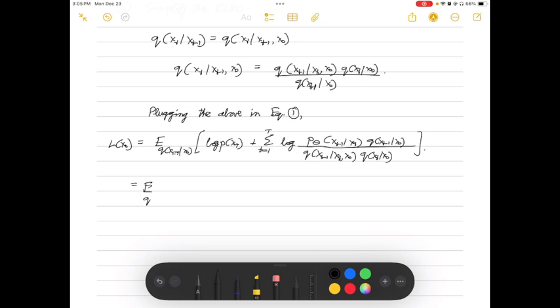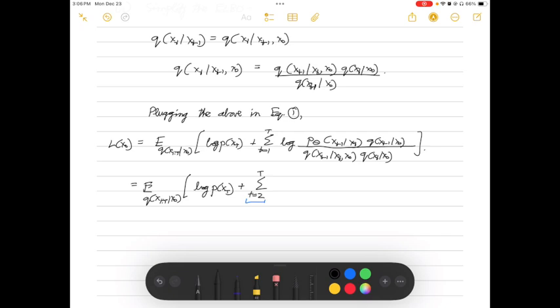So this is an expectation over q of x1 to T given x naught. We have the first term, log p of xT, which is unchanged. Now we're going to break this from t equals 2 to T time steps. That's the important bit, that we're going to be starting from t equals 2.